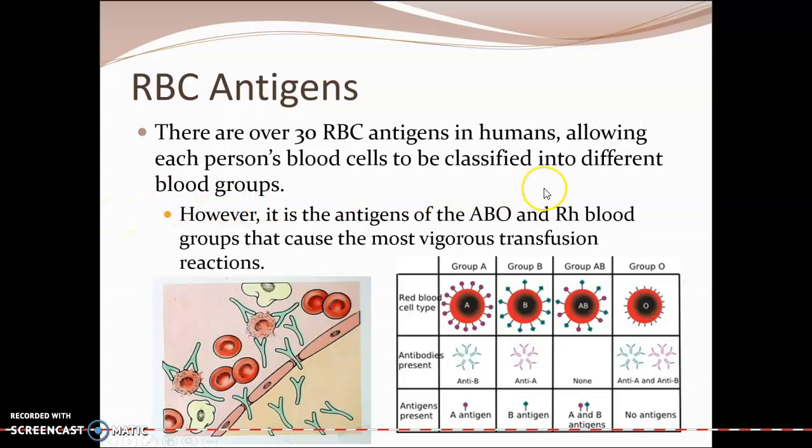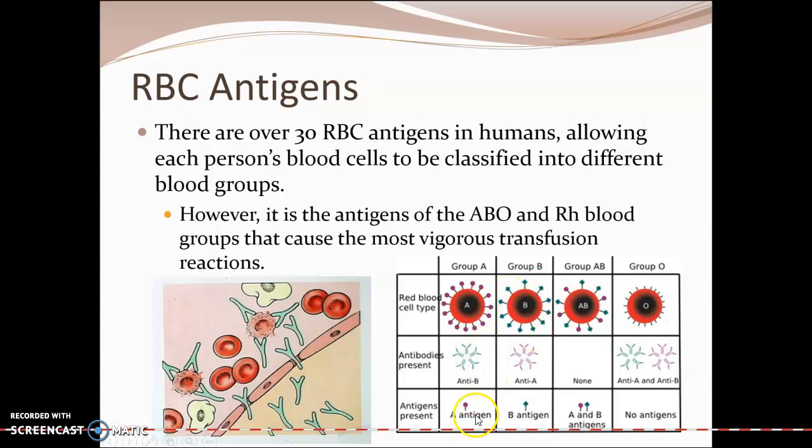So like I said earlier, red blood cells have antigens on them, and that all determines what type of blood you have. So if you have type A blood, you have A antigens on your red blood cells, and you develop antibodies for B antigens.